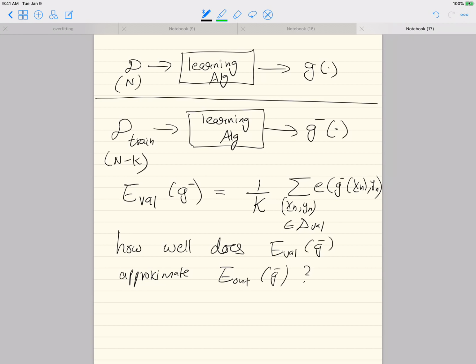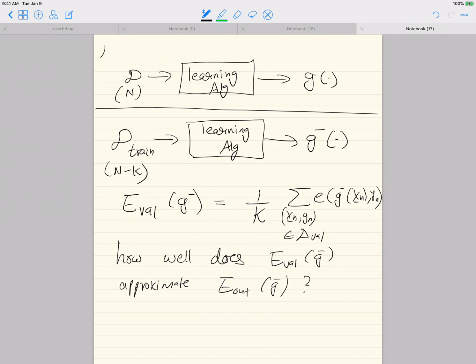So it's not like the distributions are different. And Yi is f of xi, where f is the unknown function. So it's a fair game. We are not going to change the distribution for validation, so it's a different data set, but coming from the same distribution.